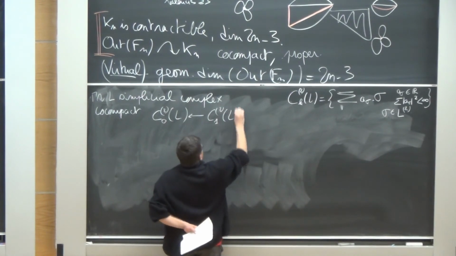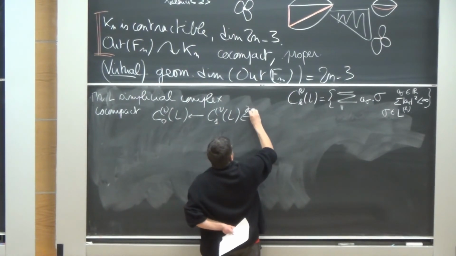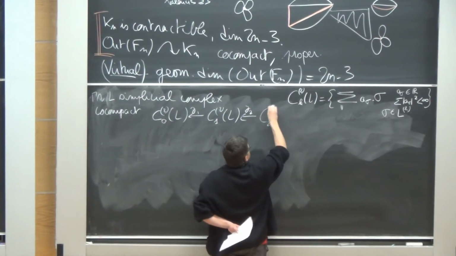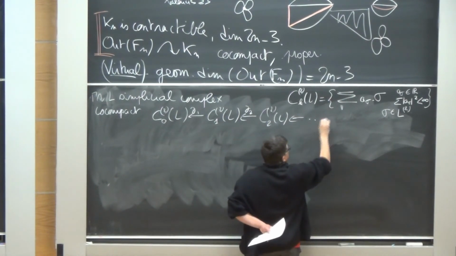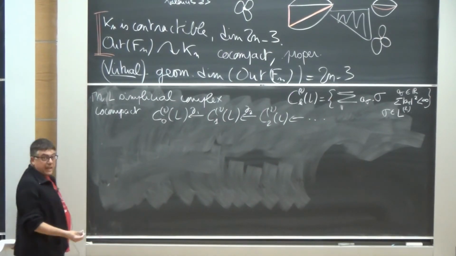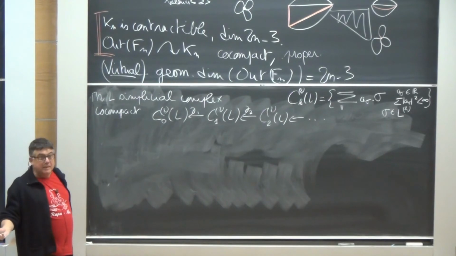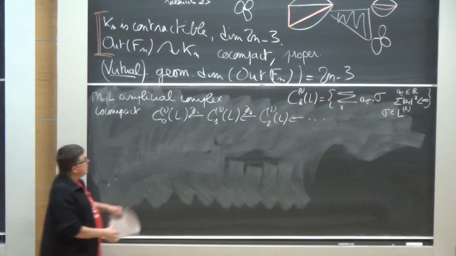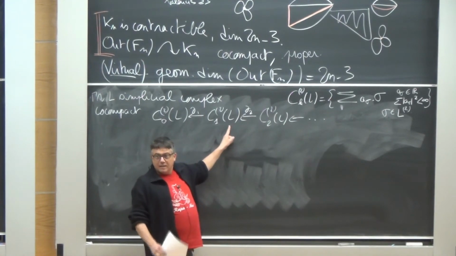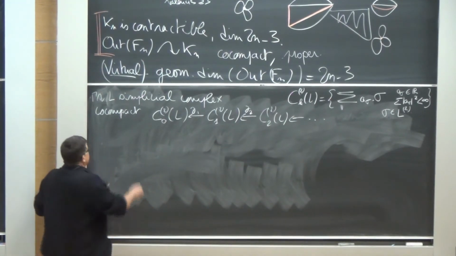So that I have now the boundary maps, also defined in the L2 context, in the Hilbert space context, and we define the L2 homology. What is the L2 homology? The defect of the image to be the kernel. Okay?